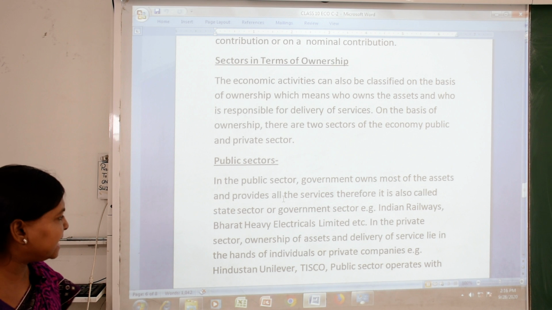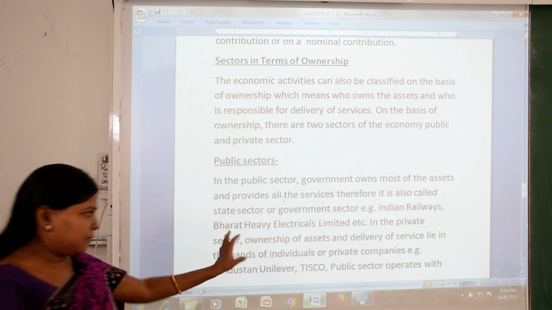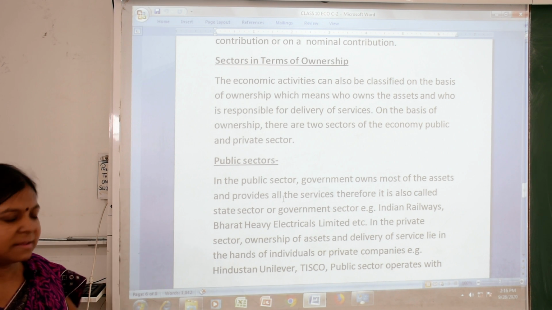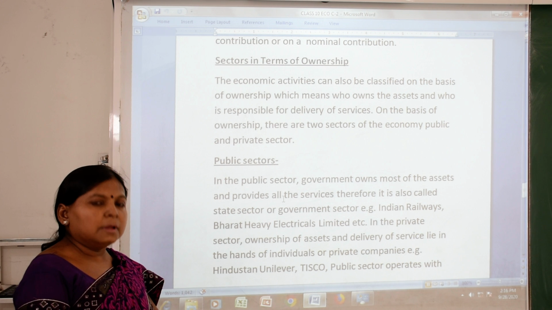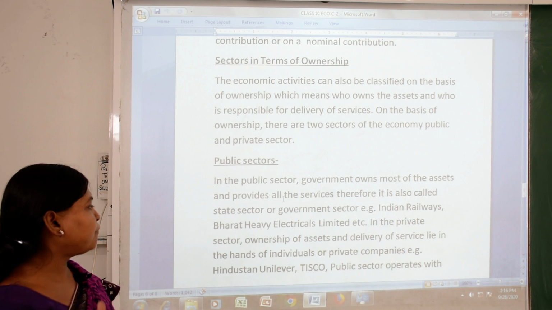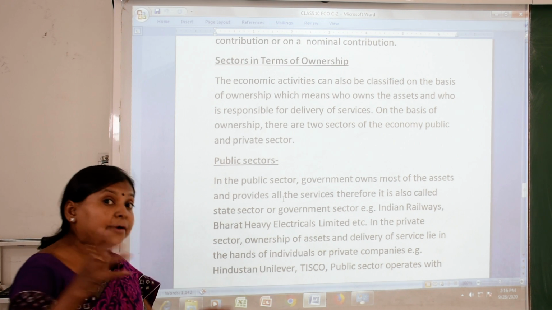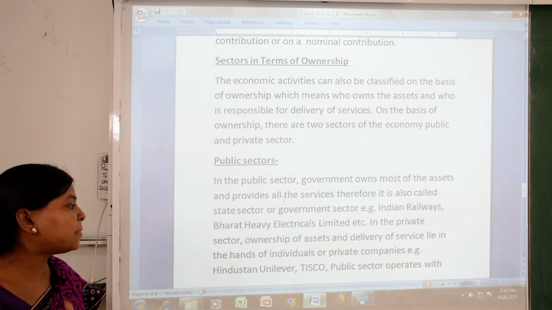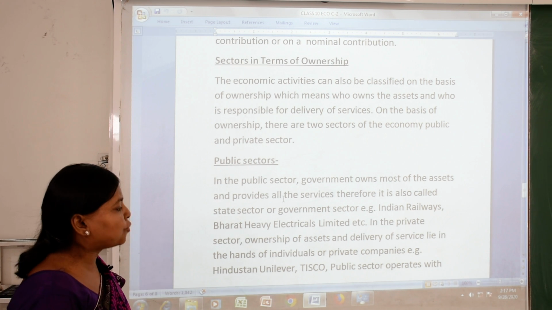Examples are Indian Railways and Bharat Heavy Electricals Limited. These are called public sector. What about the private sector? In the private sector, the ownership of assets and delivery of services lie in the hands of individuals or private companies. Examples are Hindustan Lever and Tisco.